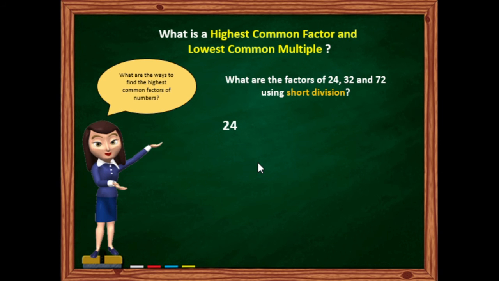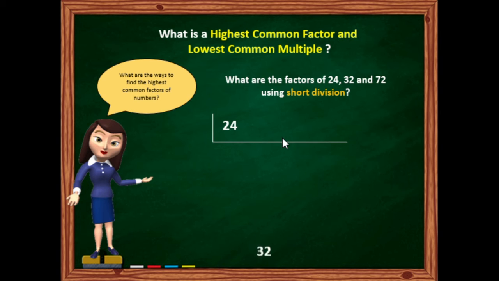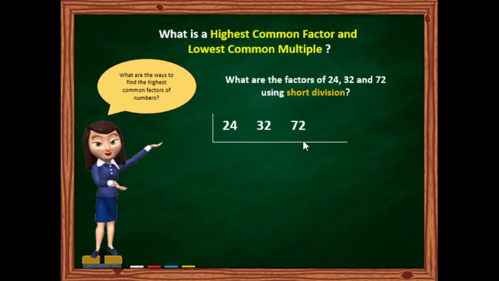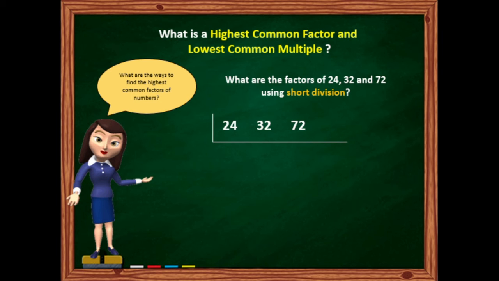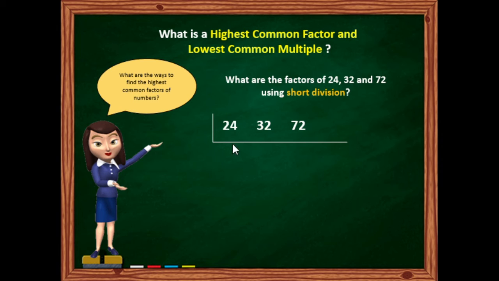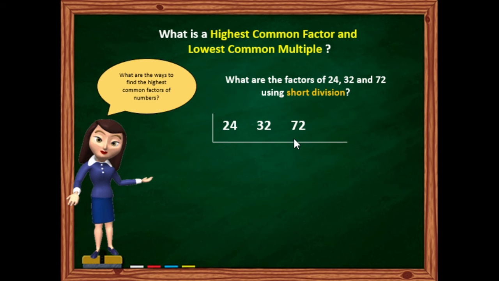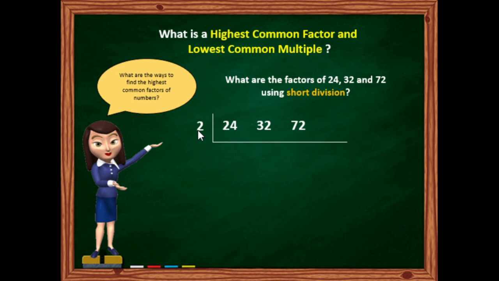Now let's write the three numbers, 24, 32, and 72. Just like on the previous slide, we begin dividing the numbers with the smallest possible number, and that is 2.